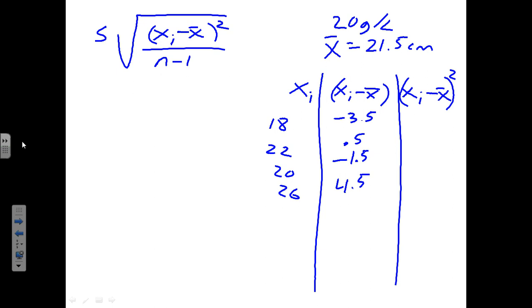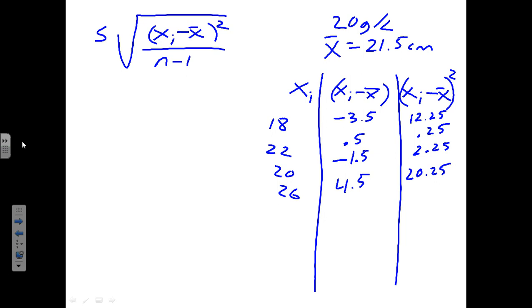All right, then we need to square each one of those. So 3.5 squared, 0.5 squared, negative 1.5 squared, and 4.5 squared. Everybody with me up to this point?